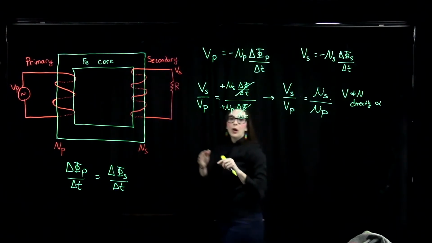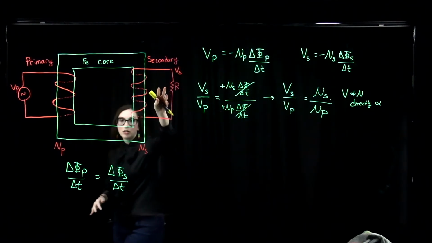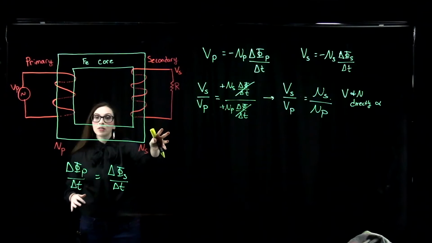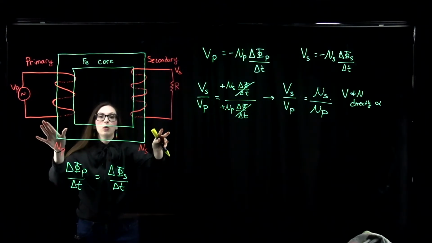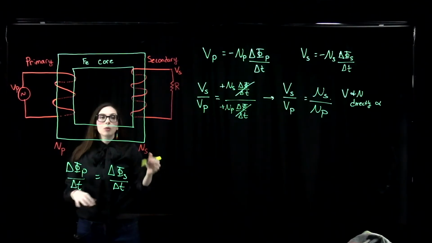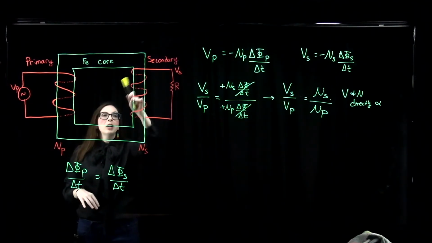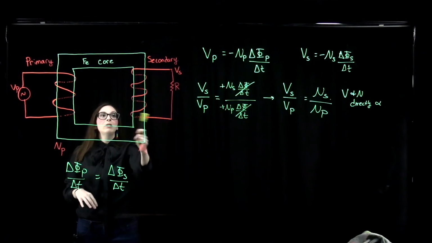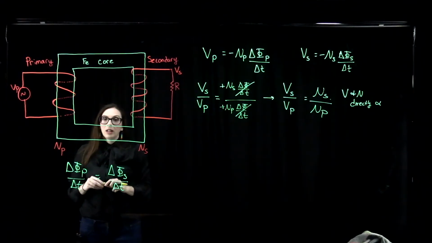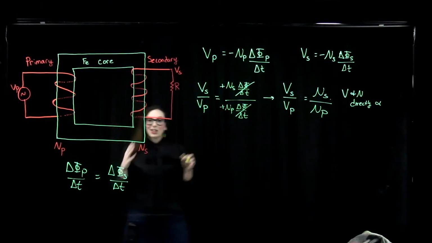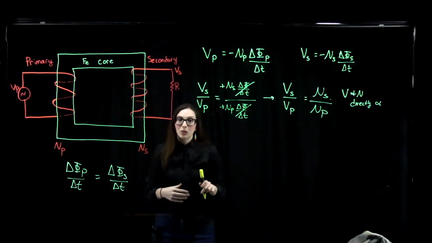So if you want to have a larger voltage output compared to your input voltage of your primary coil, all you have to do is increase the number of times you wrap the wire around on the other side of the transformer in order to get an increased voltage on the other side. It's just the ratio of the number of turns of those loops.